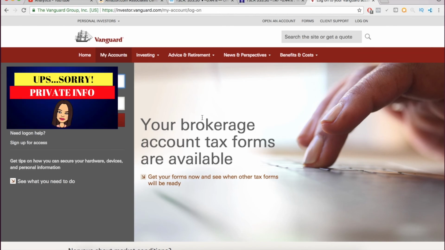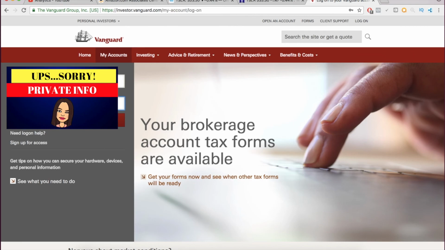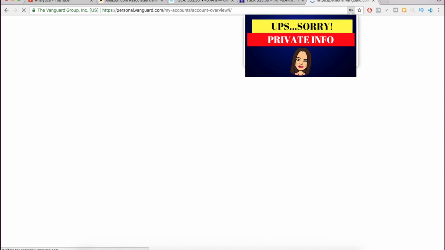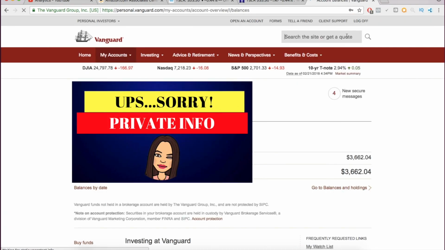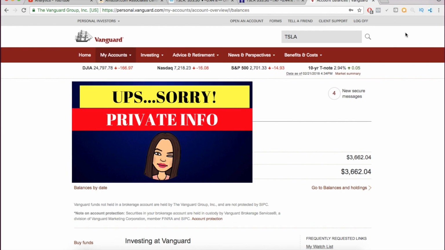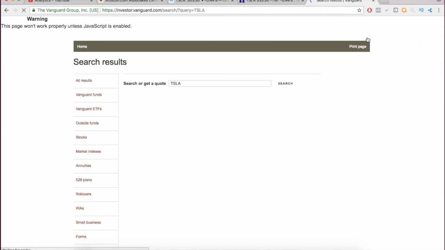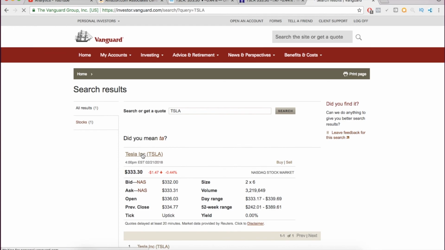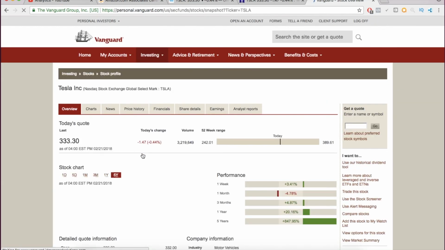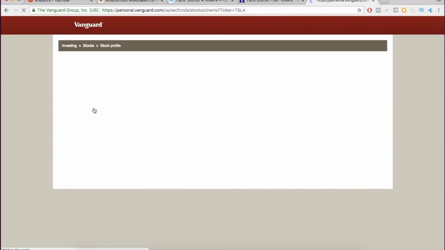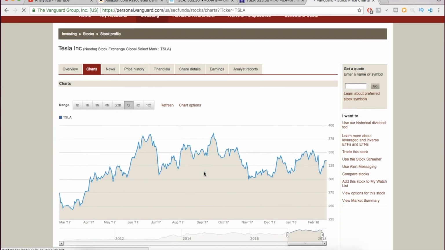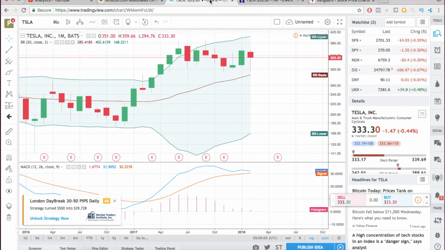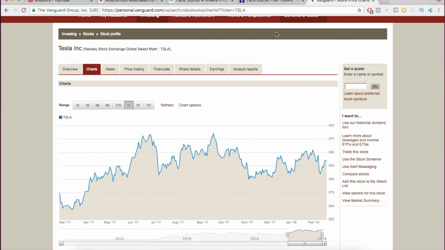Once you do that, you go straight into the search box and type in Tesla, TSLA, and you click again, go to another layer down, and go straight into charts. Now, I have to warn you, the tools that they have here at Vanguard are not quite as fancy as the ones in TradingView and Yahoo. And I'm going to show you.